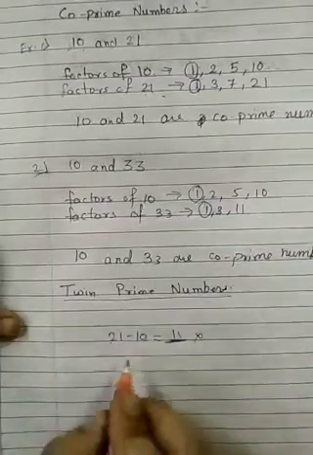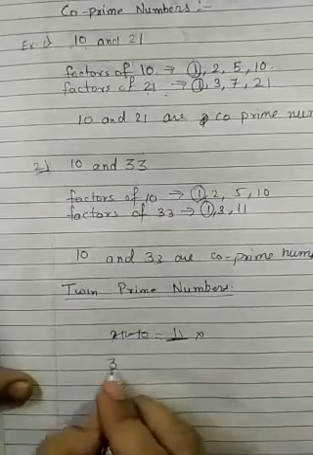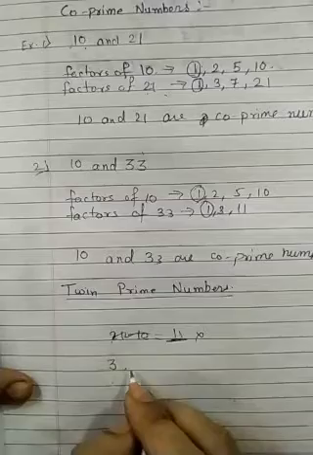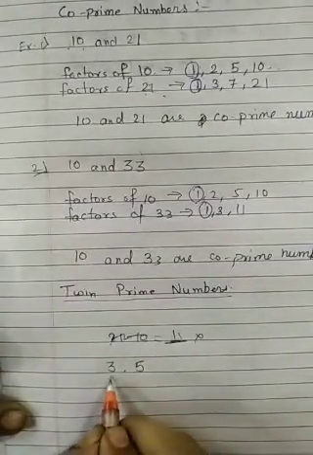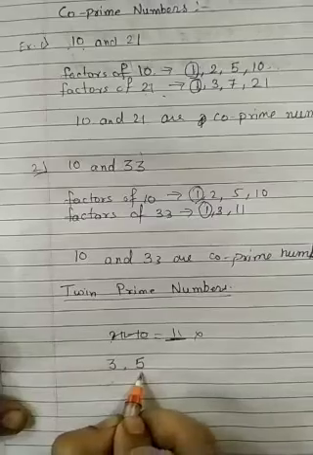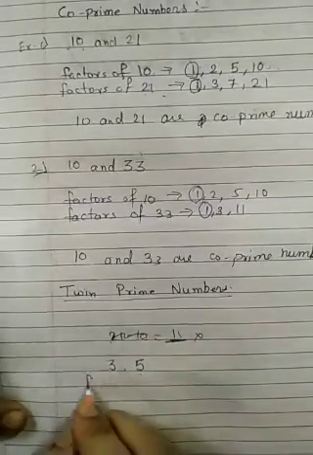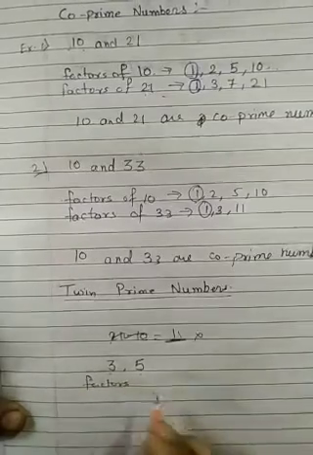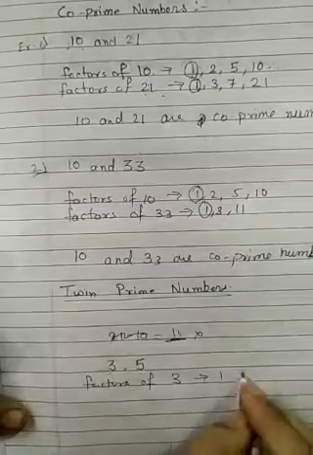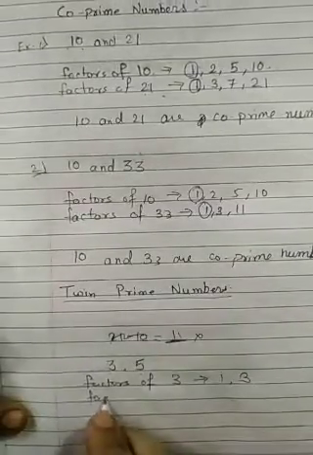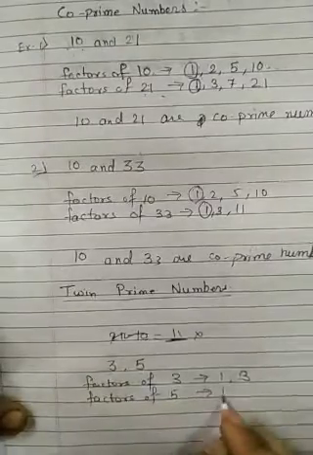Now take the next example, 3 and 5. As you all know, 3 and 5 are prime numbers. Factors of 3 are 1 and 3, and factors of 5 are 1 and 5.